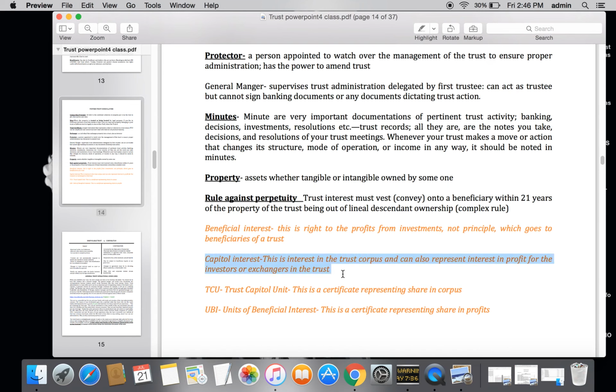Capital interest. This is the interest in the trust corpus and can also represent interest in the profit for the investors or exchangers in the trust. Now this is kind of a favoritism, but capital interest is interest in the trust property and can also be interest in whatever profit the trust makes. So using our previous example of the $250,000 funding the trust and the additional $50,000 accumulated by investing the $250,000, now we have $300,000.